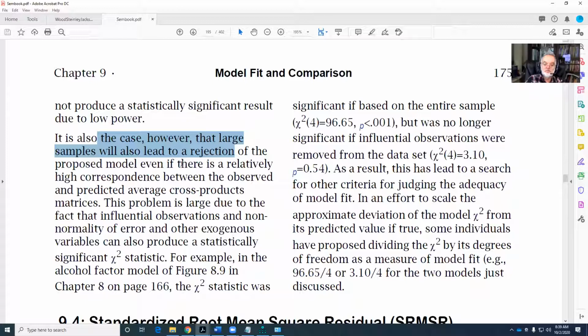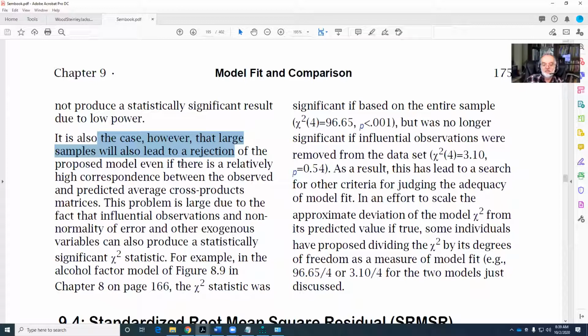And the problem is that it might be telling you not that the null model is false, but that your data are not conditionally normally distributed. Or there may be small numbers of influential observations in the data.